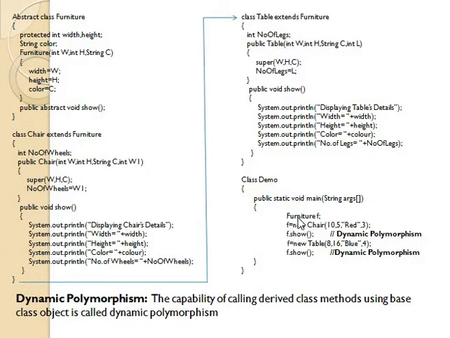So once this object f of the abstract base class furnisher gets instantiated with the derived class chair, it overrides the show method of the base class furnisher, and then it is invoking the show method of the derived class chair. So f dot show represents the object f invoking the show method of the derived class chair.